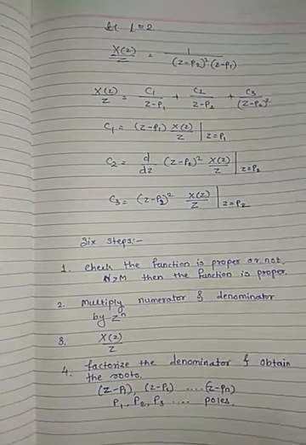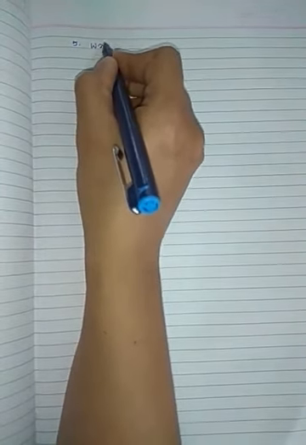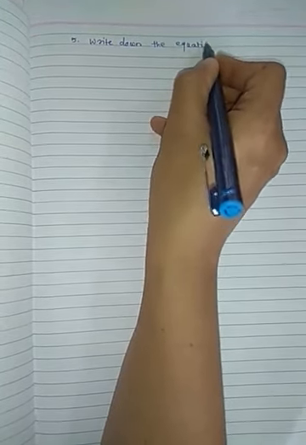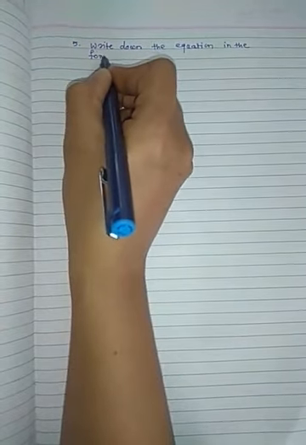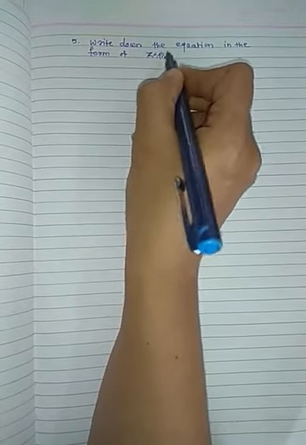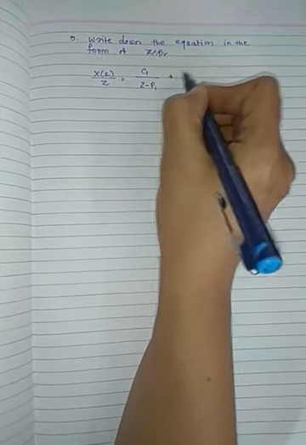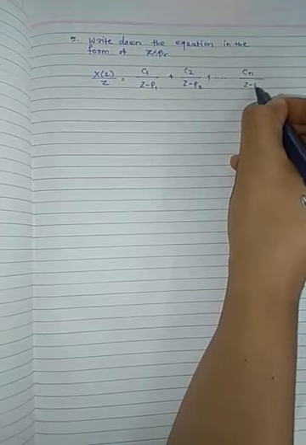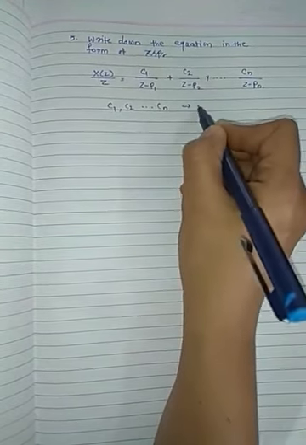Now what is our next step? Our fifth step is to write the equation in the form X(z)/z = c1/(z − p1) + c2/(z − p2) and so on up to cn/(z − pn), where c1, c2 up to cn are the coefficients.